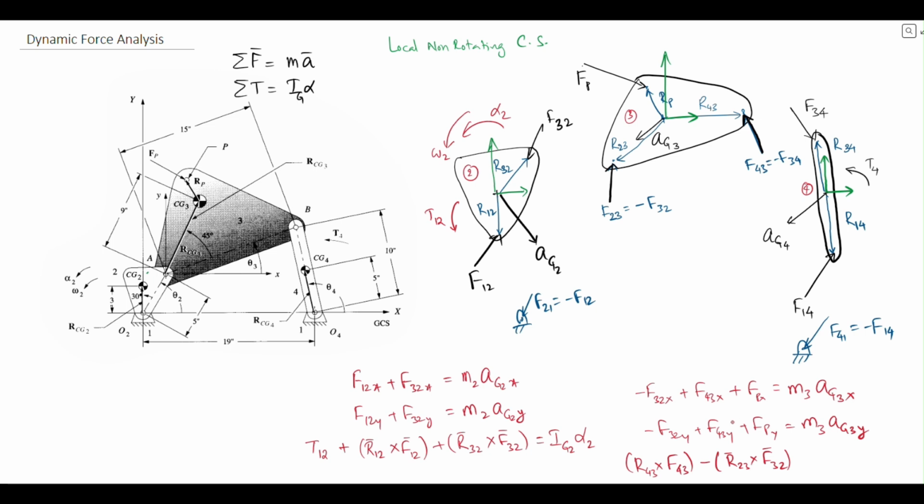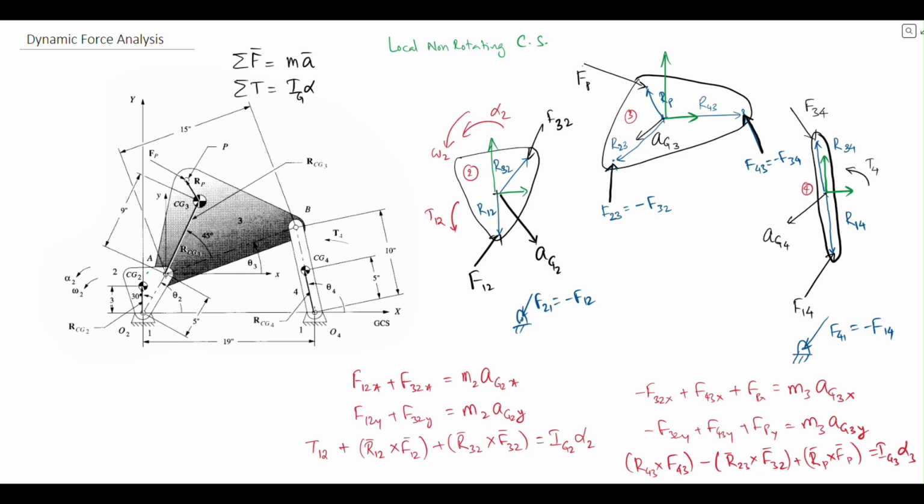Otherwise, the matrix that you will build will end up having this as a separate equation with a lot of zeros and a 1 wherever there is a coefficient for F23. So we want to avoid that situation. We are simplifying the equations as soon as we know that there is some well-established relationship between two of these unknown values. Then plus, there is Rp crossed with Fp, and all of this should be summed to Ig3 alpha 3.